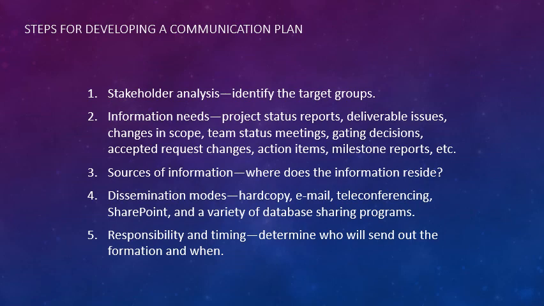Steps for developing a communication plan. So stakeholder analysis: identify your target groups, information needs, project status reports, deliverable issues, changes in scope, all those things would be identified, and then who in the stakeholders really wants to know that information and how are you going to provide the information to them.